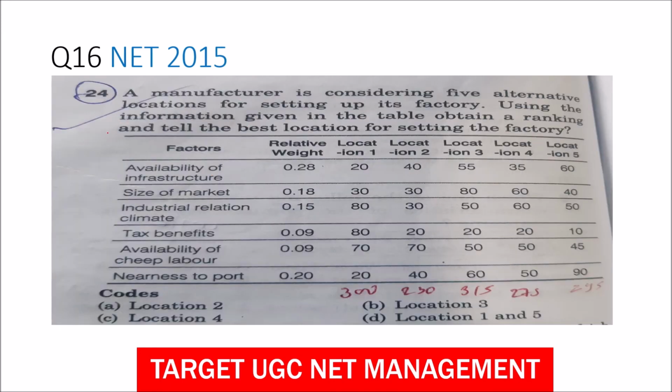Again, this question is a logic question, a mathematical question. You have to determine which location is the best in terms of ranking. Location 1, location 2, location 3, location 4, location 5. The factors given are availability of infrastructure, size of market, industrial relations, climate, tax benefit, availability of cheap labor, nearness to port, and the weightage factors.